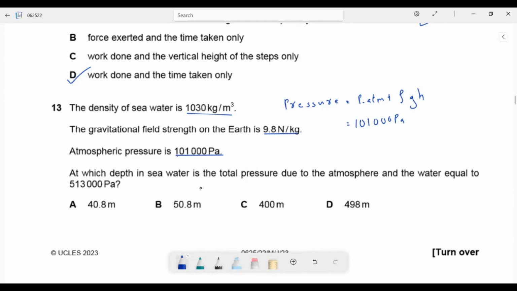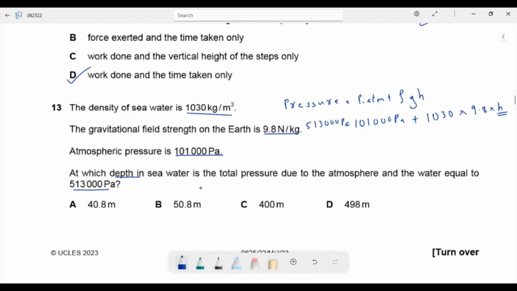We need to find the depth. Depth needs to be found at this pressure. So the pressure is 513,000 Pascal plus density of water is given as 1030 into gravity 9.8 into h. This quantity we need to find out.